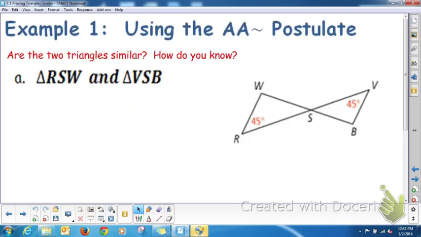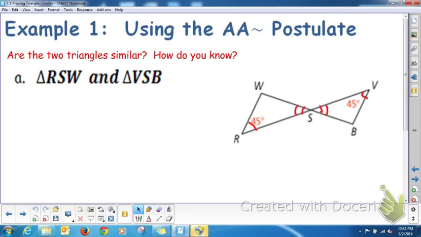So let's use the AA similarity postulate. Don't forget what you learned back in chapter 1 about vertical angles, linear pair, complementary, supplementary, because that's all going to come back now. Are the two triangles similar? How do you know? So let's look at these two triangles. We know that angle R is congruent to angle V, and you might have forgotten about these, but here it is, the bow tie.